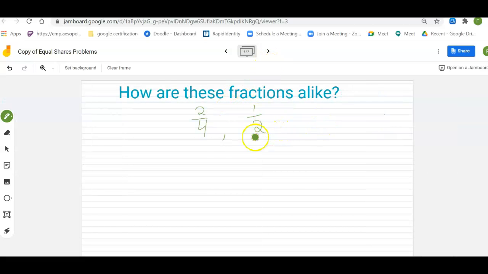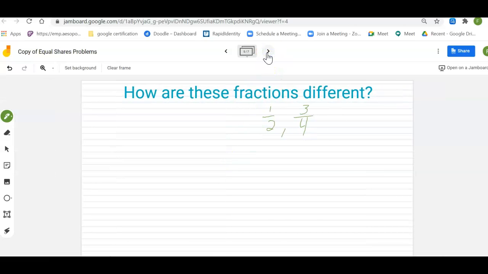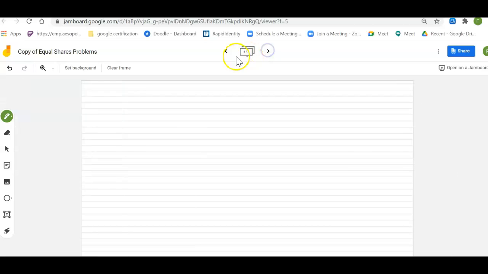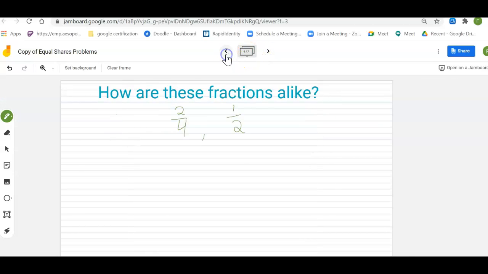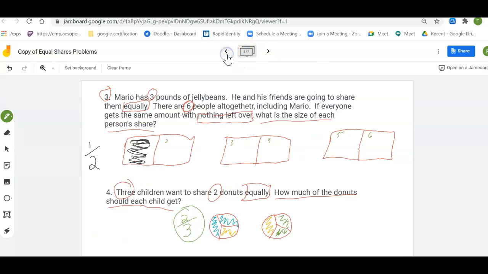How are these fractions alike? I want you to compare these two fractions. You can make a drawing, and you can go back to some of the problems we've already worked on today to compare them. And here, how are these fractions different? There's 2 fractions, 1/2 and 3/4. How are they different? And that's our last one for these equal share problems.